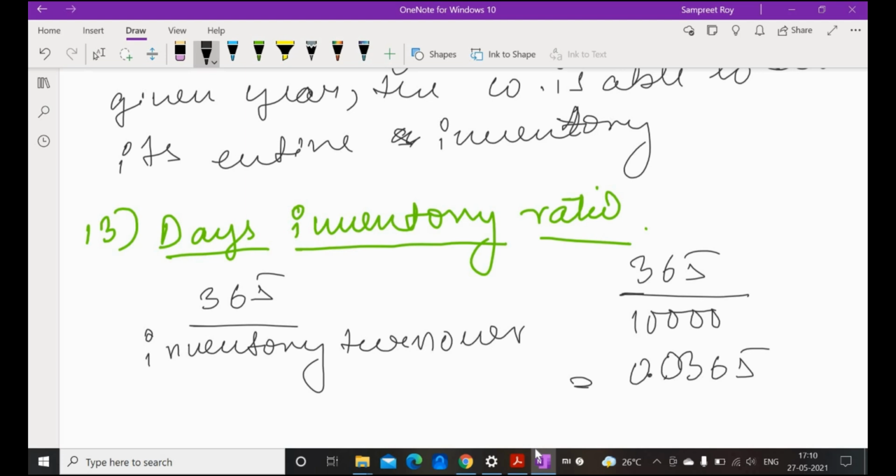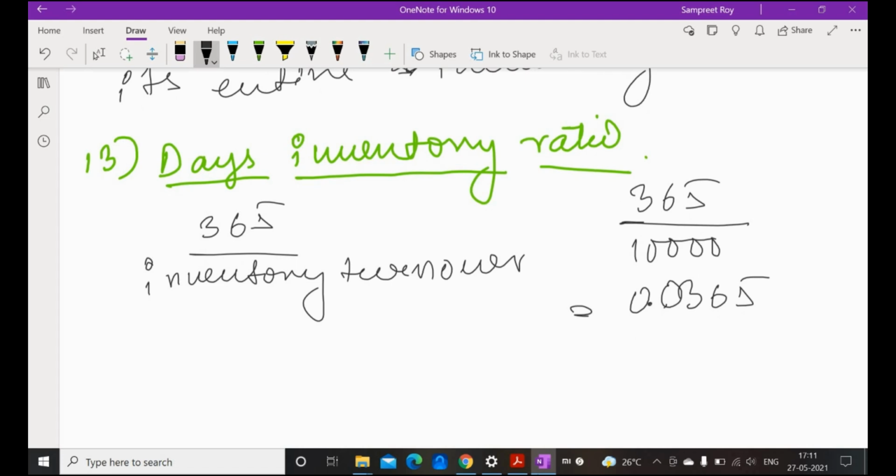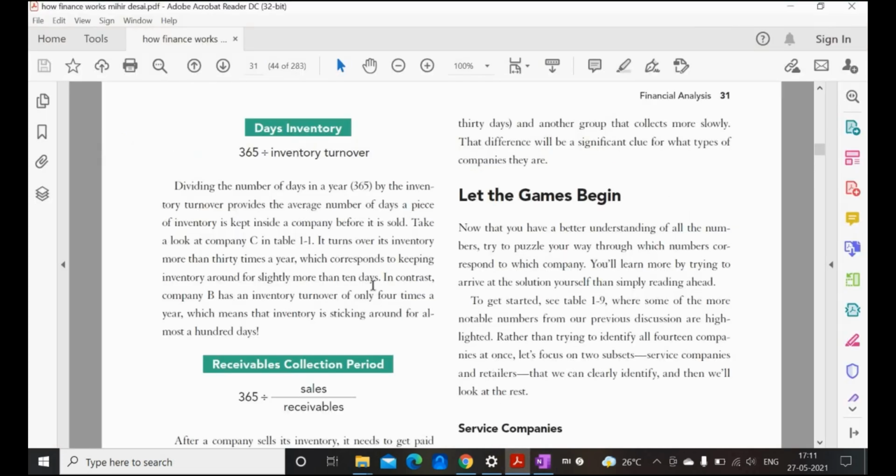Now what does this indicate? It indicates how, on an average, how much inventory is carried out on a daily basis, or the average number of days a piece of inventory is kept inside a company before it is sold.